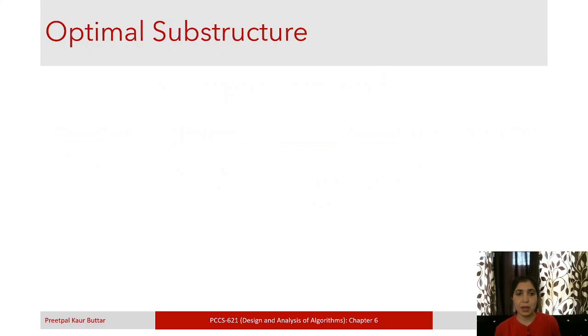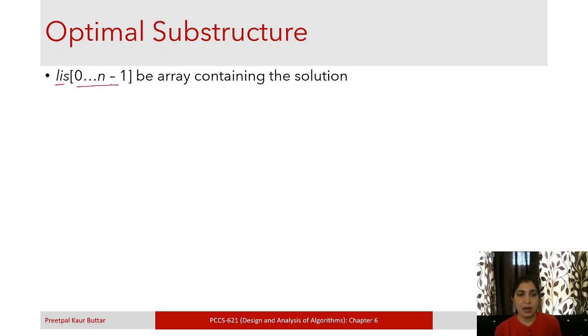So in order to apply dynamic programming approach on any problem, that problem should have optimal substructure. So now we will look at the optimal substructure of this problem. This problem is also having an optimal substructure. So let us say that you have an array LIS which is of n elements, and this array will contain your solution.